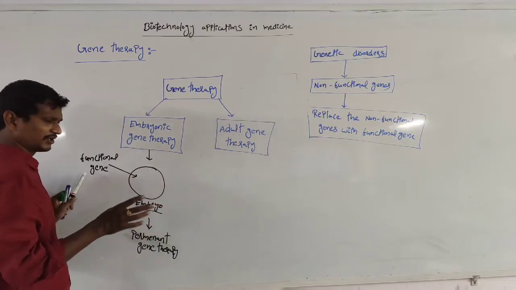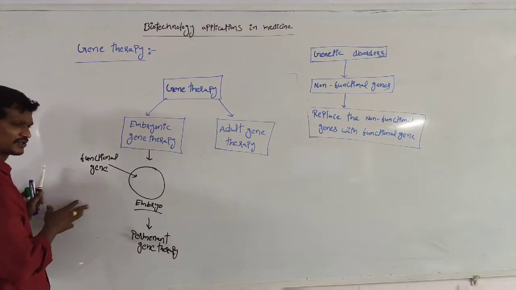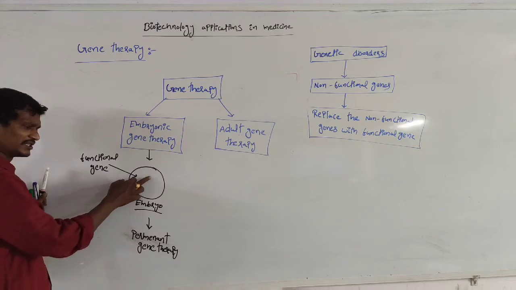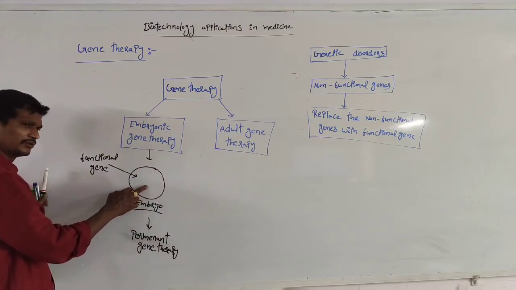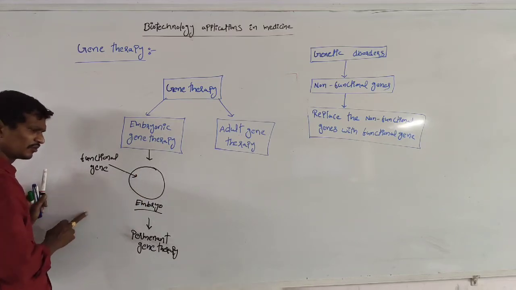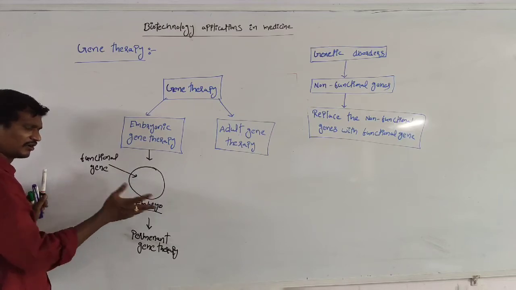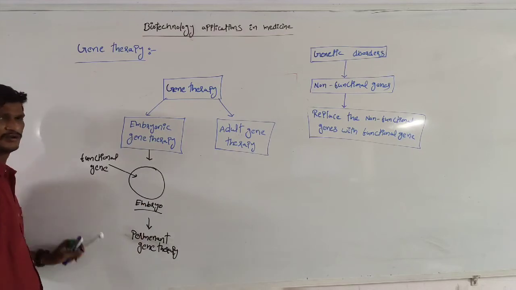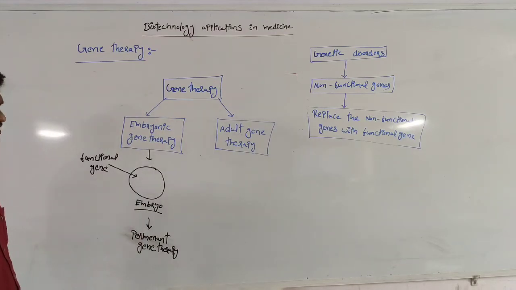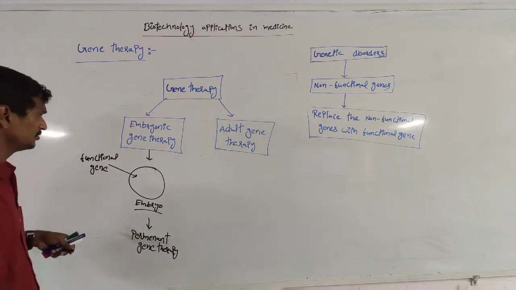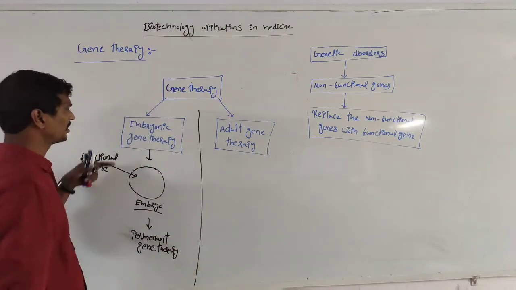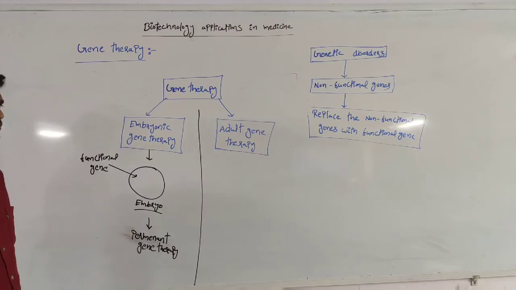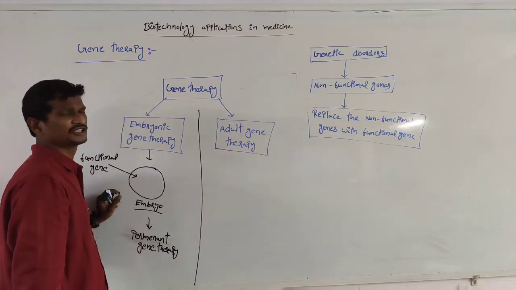So the embryo is collected within the laboratory and we insert the functional genes. Once we insert the functional genes into the embryo, throughout the lifespan the functional gene is present in all the cells. So embryonic gene therapy is the permanent gene therapy. And the other one is adult gene therapy.